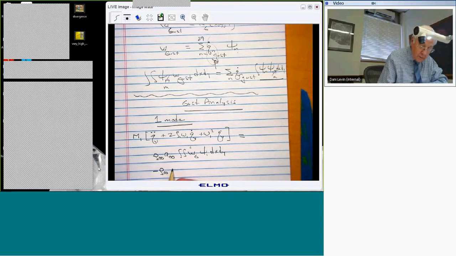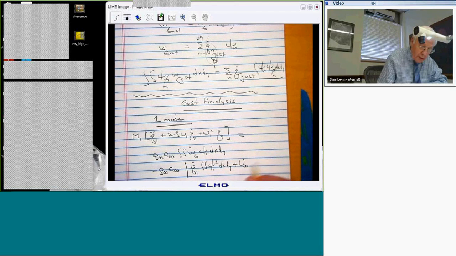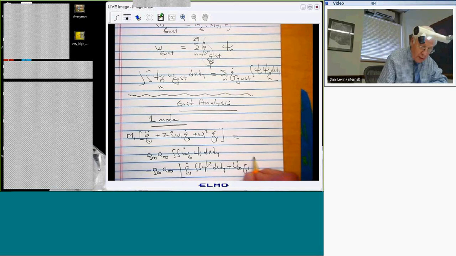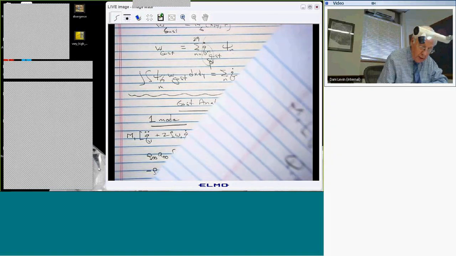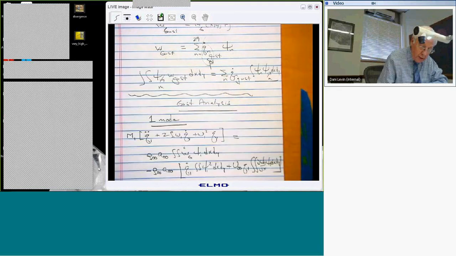We only have one term surviving, so we only have one mode. So we have Q1 dot double integral psi 1 squared dx dy plus U infinity Q1, and there it is. I'm going to call this equation 22.